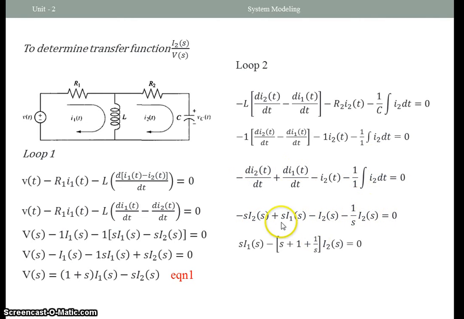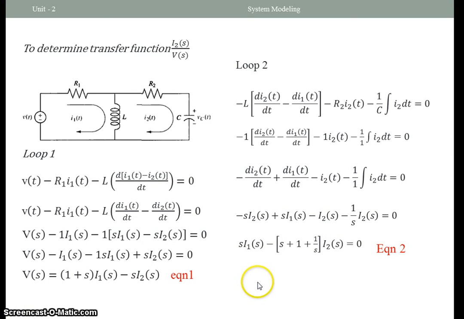If you notice, we have three terms with I2 of S, and they are all negative. We can factor out the negative in I2 of S, so we will have this form, and we have also I1 of S, which is positive, and all of this is equal to 0. And let us call this our equation number 2.